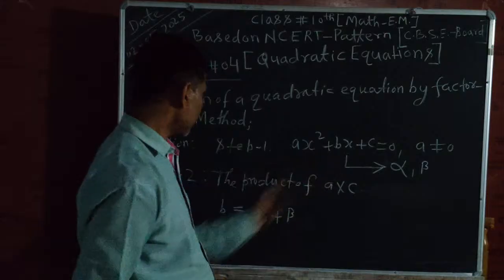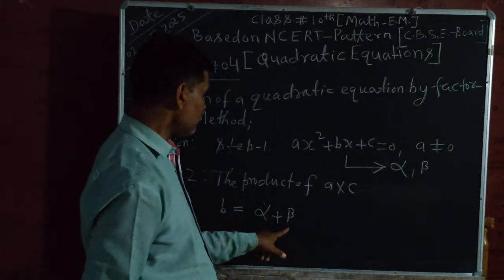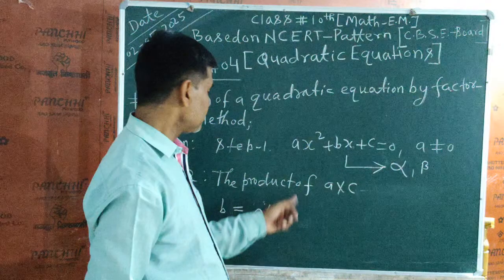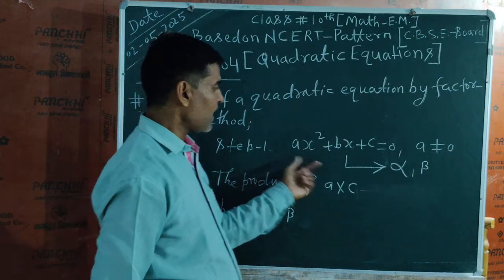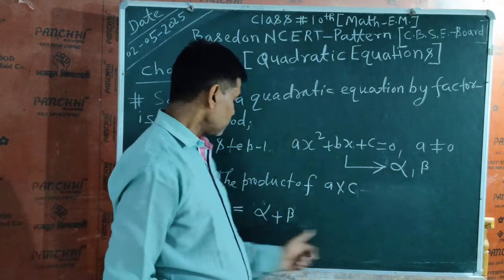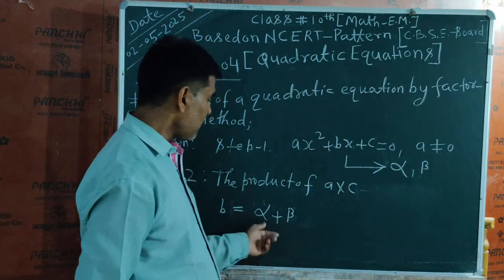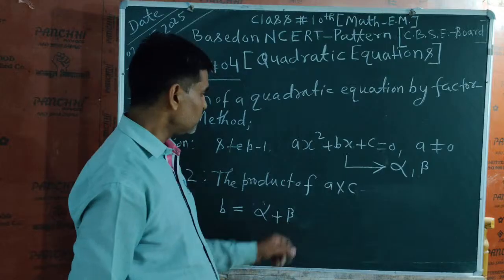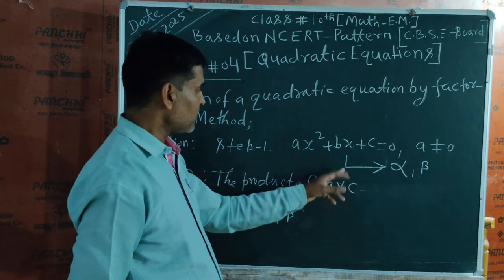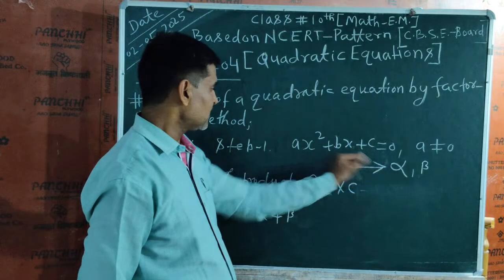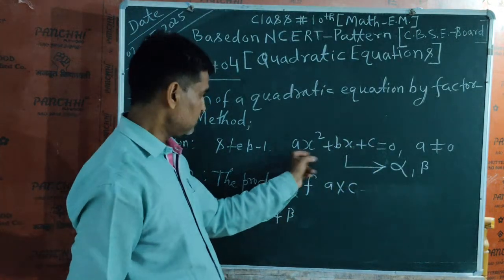So the coefficient of x is equal to alpha plus beta. It means one root is alpha and the other root is beta. So here I will take the sum of the two roots. The product of alpha into beta will be the constant term divided by a.